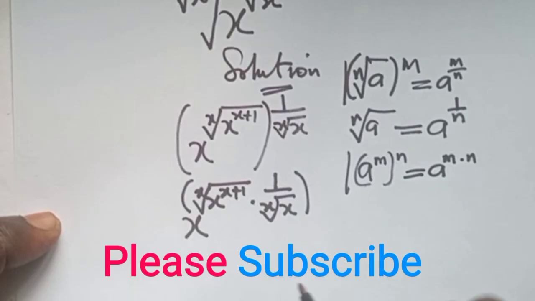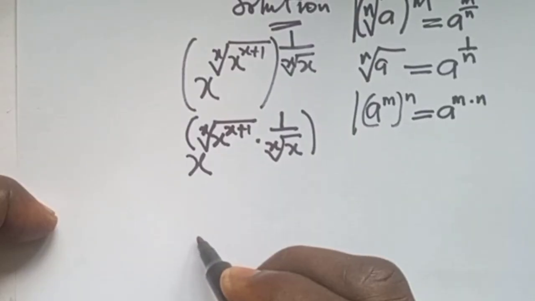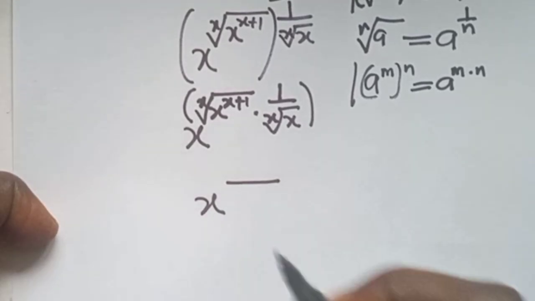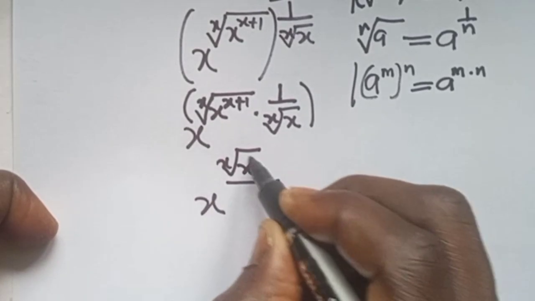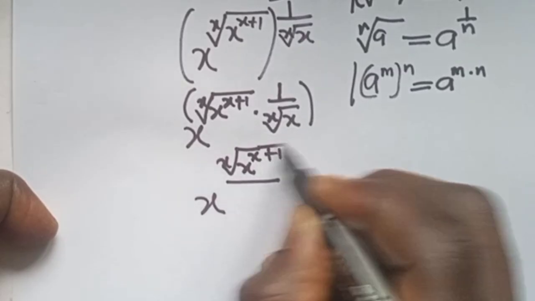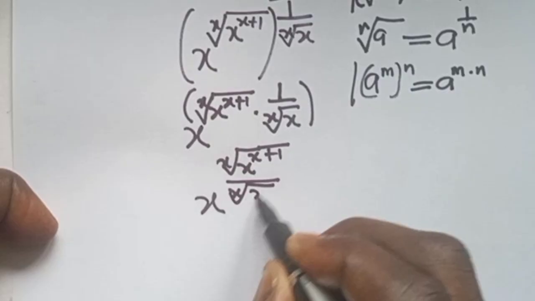Alright, let's continue. So if you do this very well, it will become x to the power of x root of x to the power of x plus 1 all over x root of x.